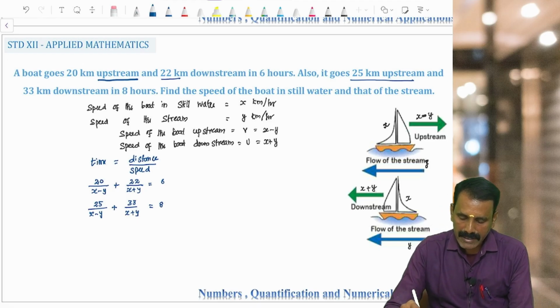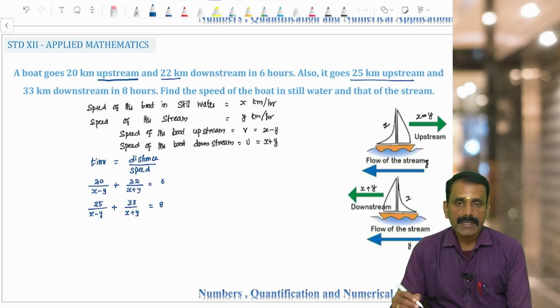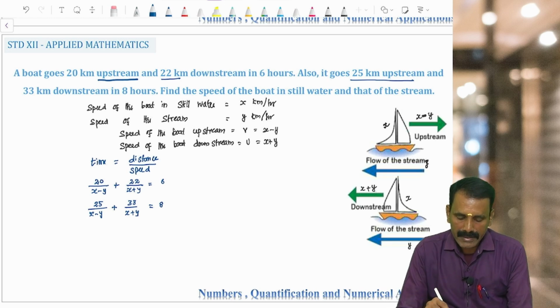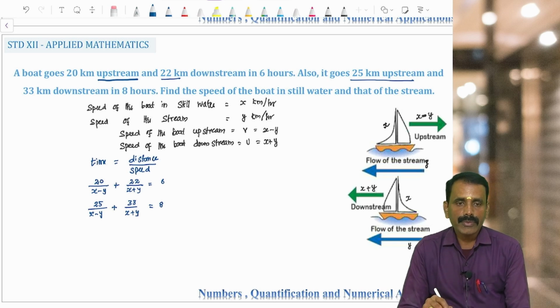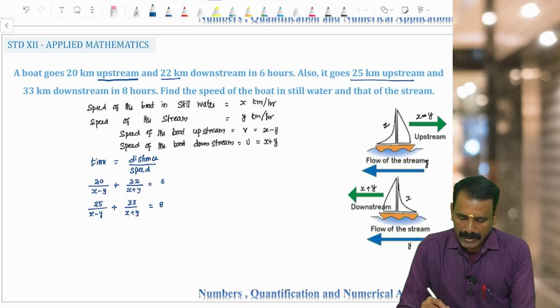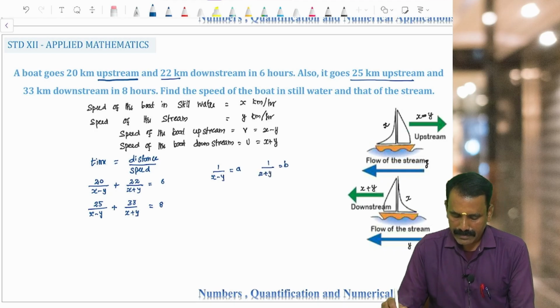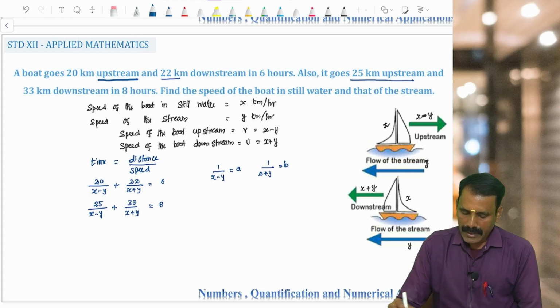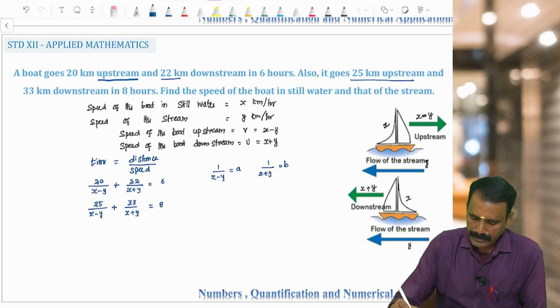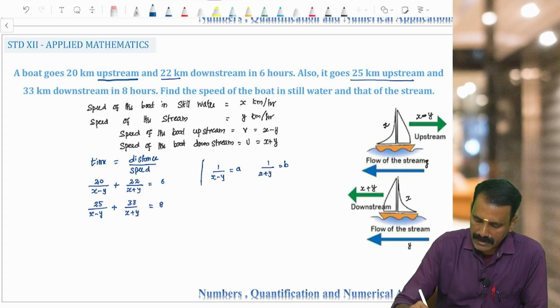Already we have taken x minus y and x plus y as v and u respectively, but they will appear in the denominator. So when you solve the expression, it will be tedious. So we substitute 1 by x minus y is equal to a and 1 by x plus y is equal to b.